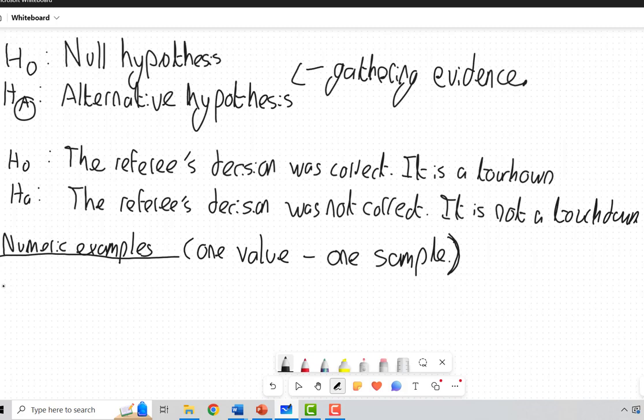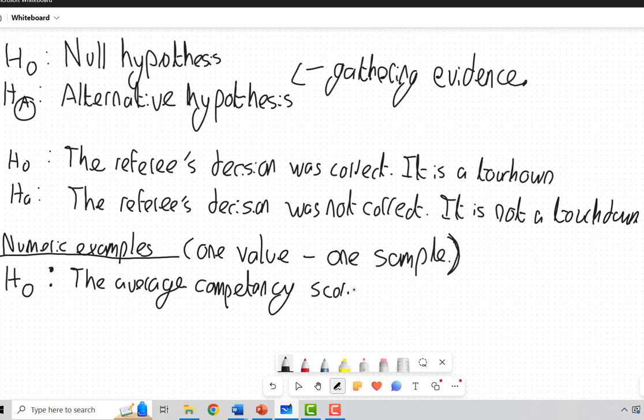So let's just do H0. Imagine that we have some sort of standard in our company that the average competency score should be at least 70 out of 100. And we can say the average competency score is 70.